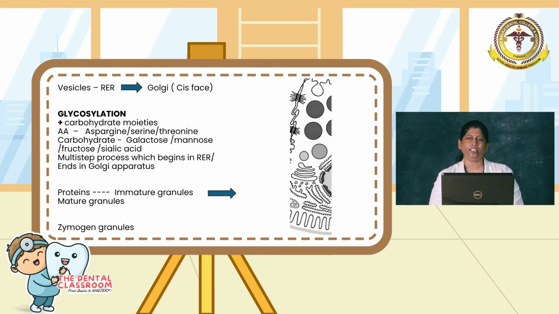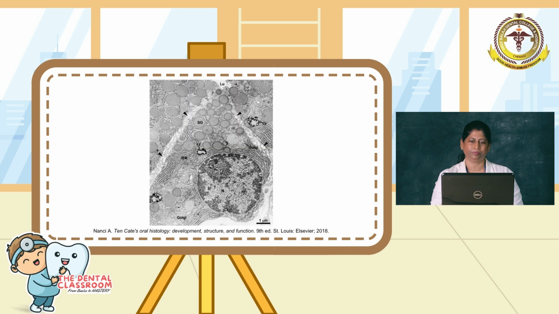The proteins are initially immature granules and later, by the addition of the content, they become mature granules. These secretory granules in a serous acini are also referred to as zymogen granules. So, this is an electron microscopic view where you can see the secretory granules situated in the apex of the serous cell.